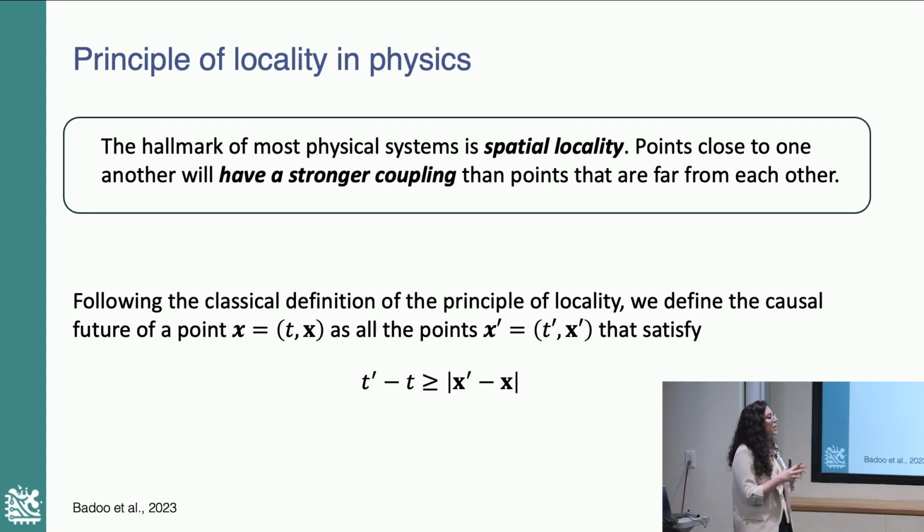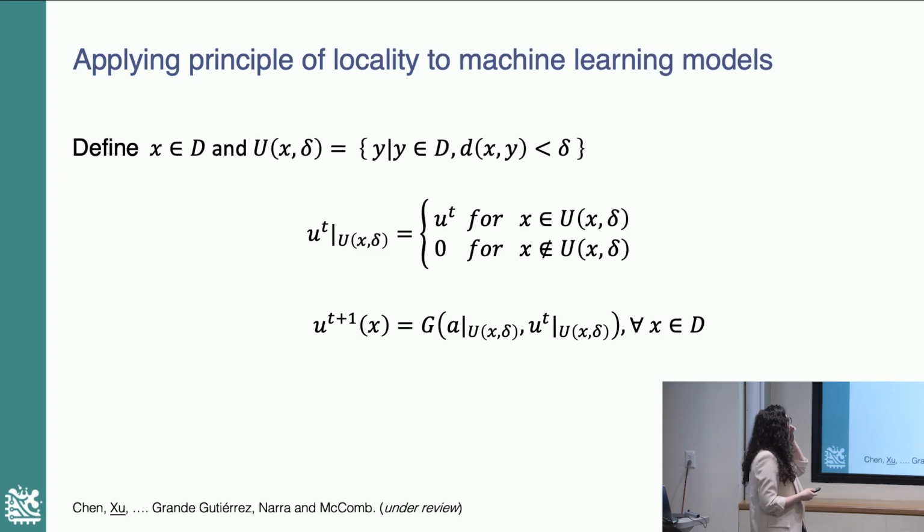That means that if we divide our domain into different sections, following the definition of the principle of locality, we know there's going to be a region where most of the points surrounding a specific point would be the ones affecting the outcome or the solution at that particular location.